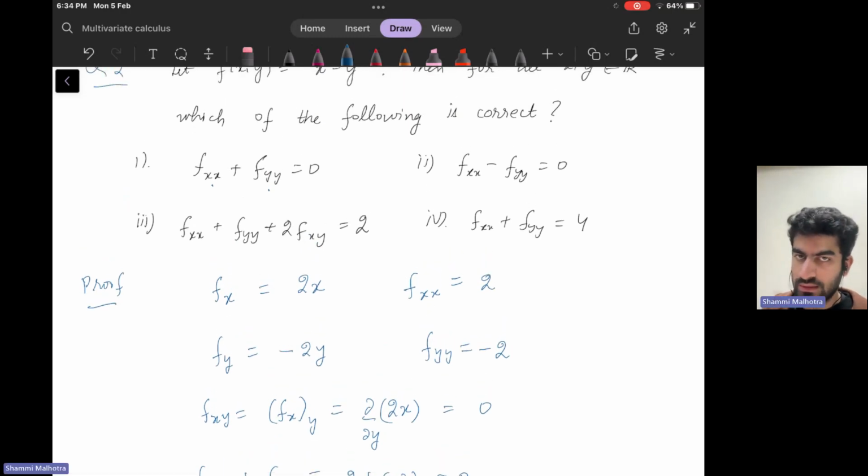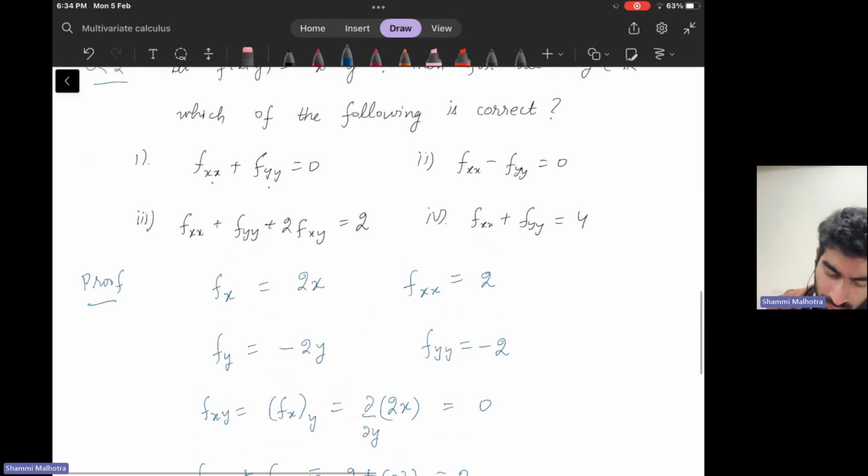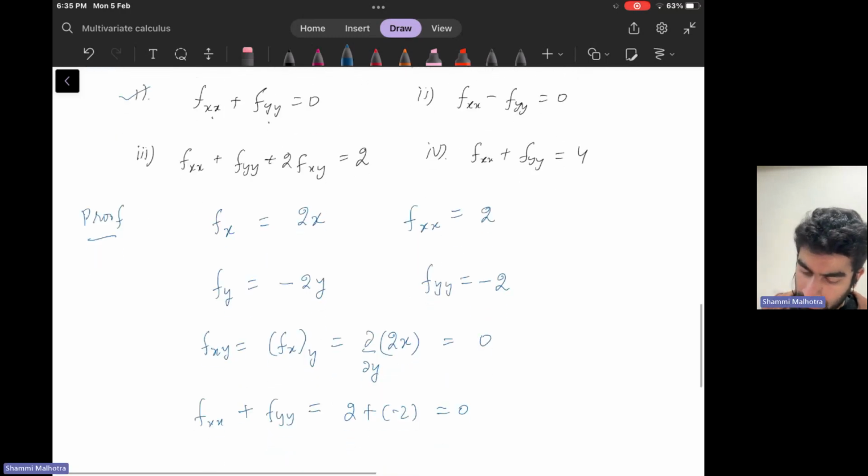So the first option turns out to be correct. The second and fourth are not correct.